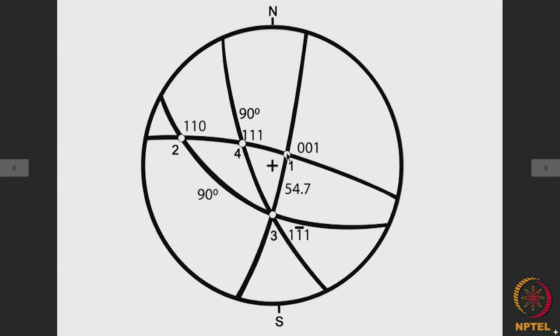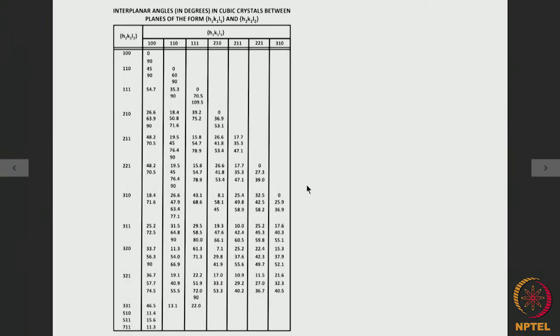Say this is designated 1, this is designated 2, this is designated 3. Suppose we measure the angle between 1 and 2 and it comes out to be 90 degrees. Again between 2 and 3 it comes out to be 90 degrees, and between 1 and 3 it comes out to be 54.7 degrees.